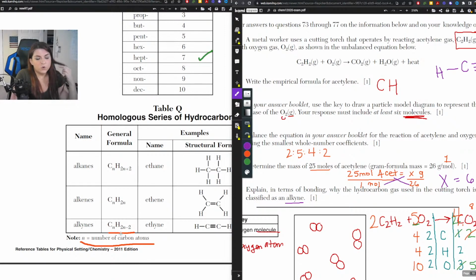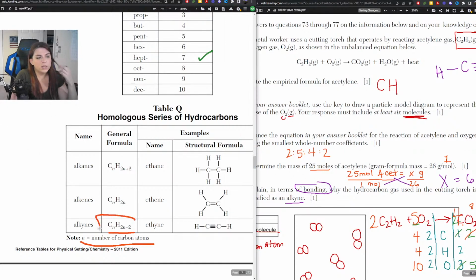So it follows that formula for an alkyne. But this question says in terms of bonding. So you can't really talk about this formula. It's asking specifically about bonding. So for that reason, we would want the answer to specifically say something about triple bonds.